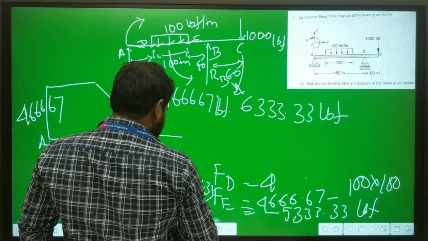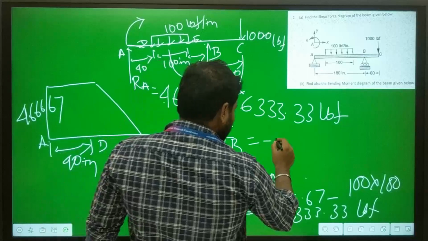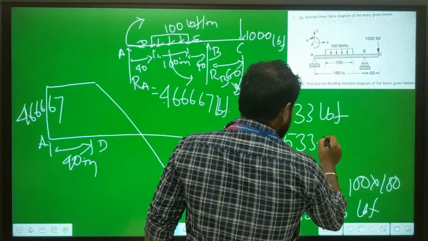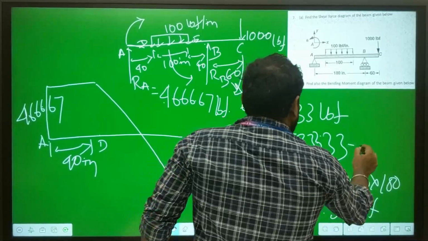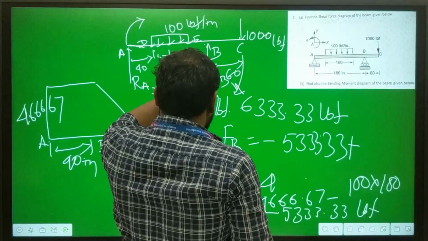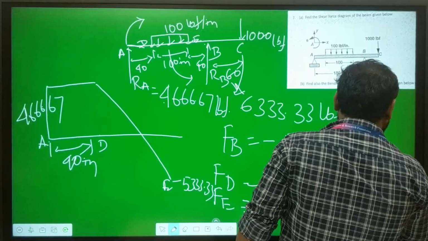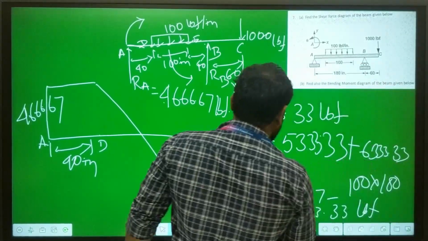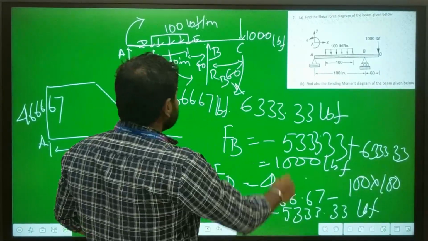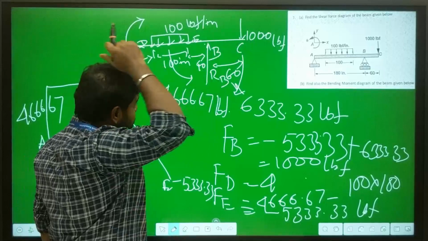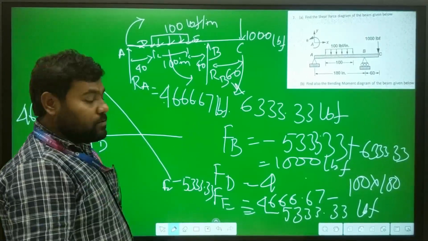So the force at point B will be minus 5333.33 plus the reaction force RB, that is 6333.33, that will be 1000 lbf, which should be equal to the last force for the cantilever beam. So that's why the system is in equilibrium.